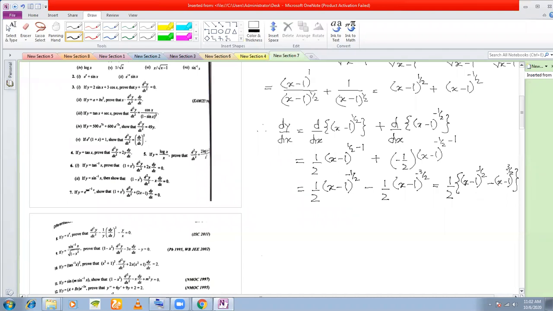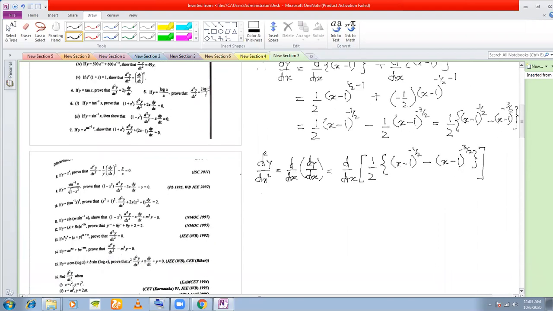x minus 1 to the power of minus 3 by 2. Okay. Now again we need to find d2y dx2, so we'll differentiate again. So d2y dx2 is ddx of dy dx, is equal to ddx of half x minus 1 to the power of minus half minus x minus 1 to the power of minus 3 by 2.